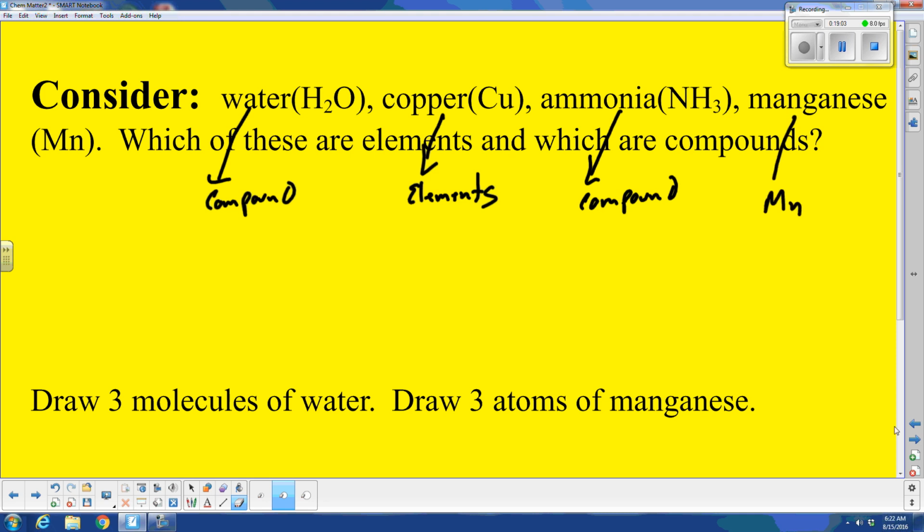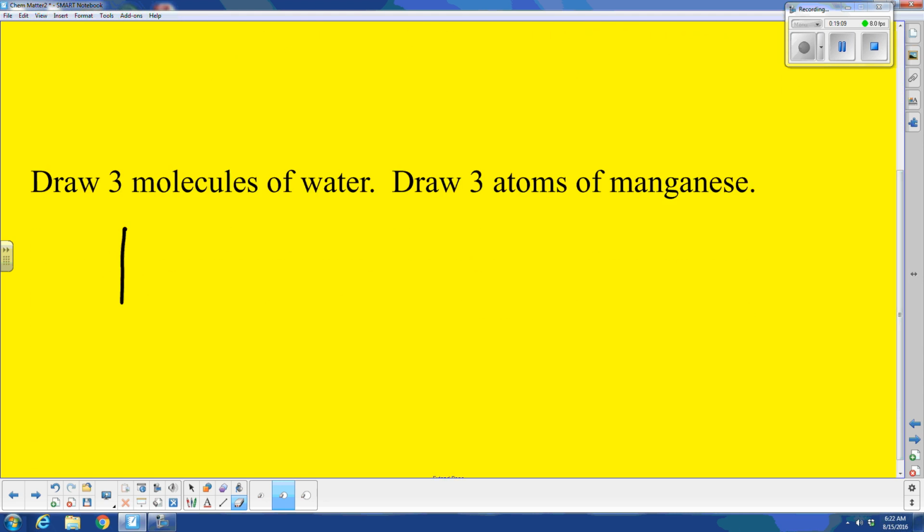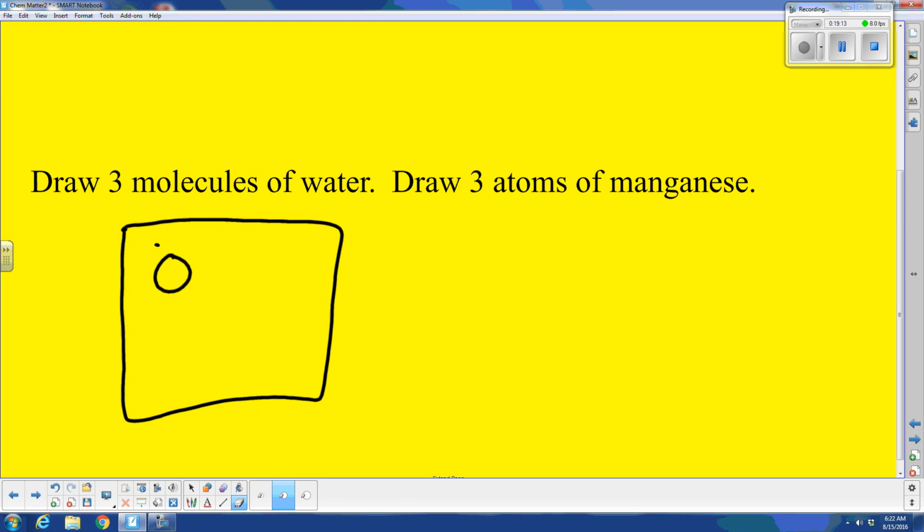There we go. So let's draw then 3 molecules of water. I'm going to have an oxygen, put a couple hydrogens on it, oxygen, couple hydrogens on it, and oxygen, couple hydrogens on it.